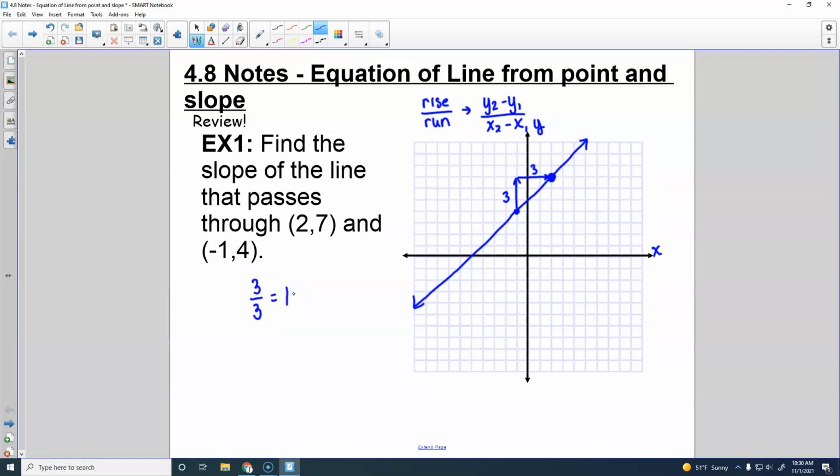If they were both negative, it'd be negative 3 over negative 3, and you'd still get a positive 1.